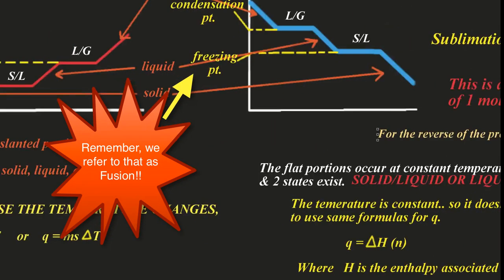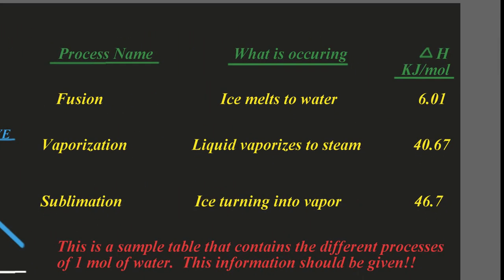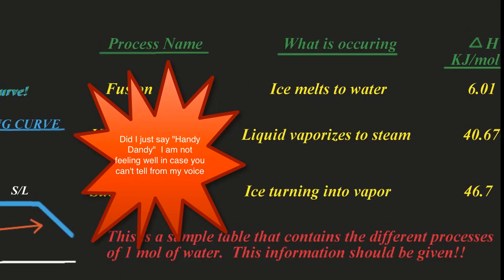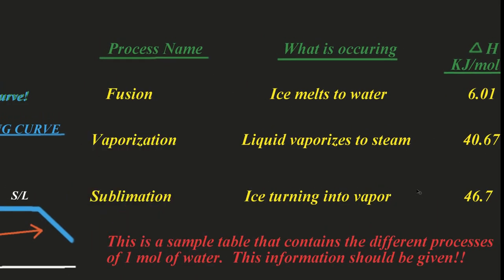And let's say we're dealing with water, and here's a handy dandy table. This information should be given to you. You should know that fusion also means melting. Vaporization is liquid to steam, or vapor, or gas. Sublimation is from solid to vapor. And for water, these are the different enthalpies associated with 1 mole.